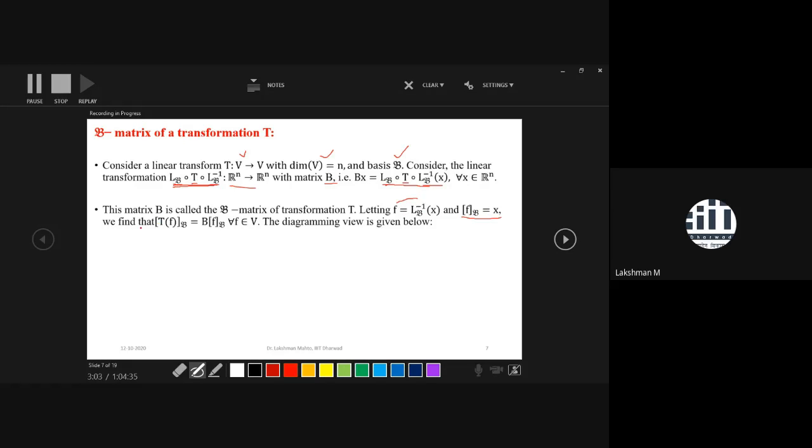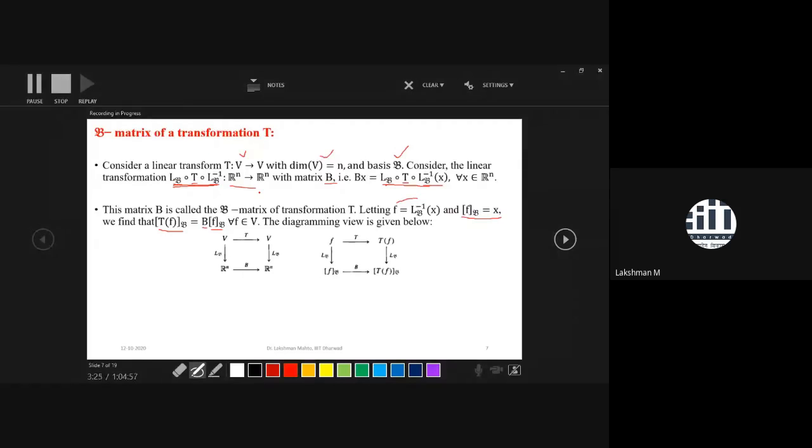So the coordinate of the image of f under the transformation can be written as the matrix B times the coordinate of f. So what is B? That we have to find. We will call it the matrix of the given linear transformation.